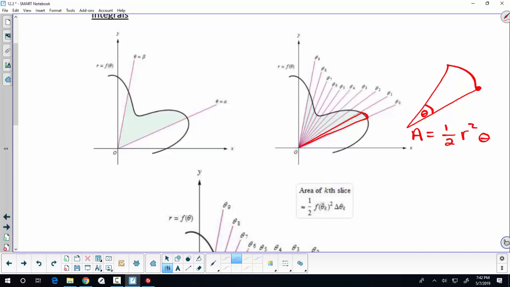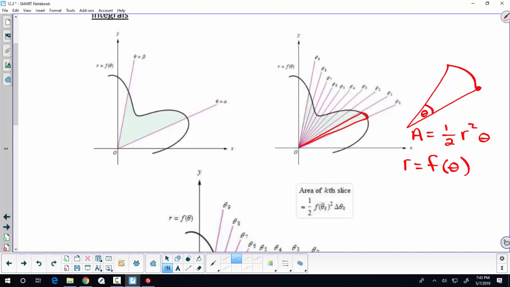But recall in polar that r is actually a function of theta. So the 1/2 r squared turns into 1/2 f of theta squared, and then each angle measure is kind of like the length of each rectangle in the XY system, where all of those could be different.